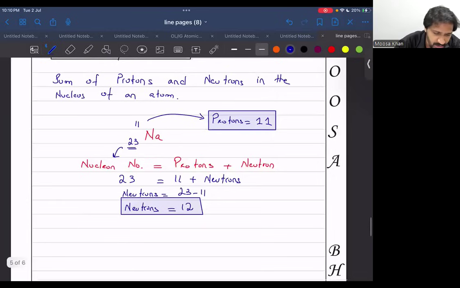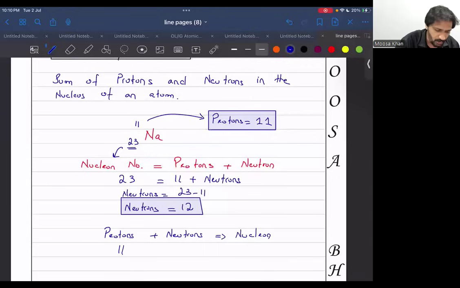What is the difference between neutron and nucleon? See, watch the spellings, this is a big common mistake. If you add up protons plus neutrons, you're going to get nucleons. So a sodium atom has 11 protons and 12 neutrons. This would give you 23 nucleons.